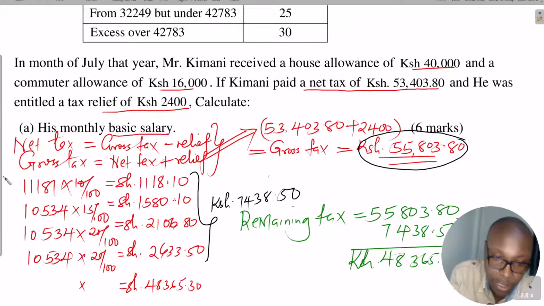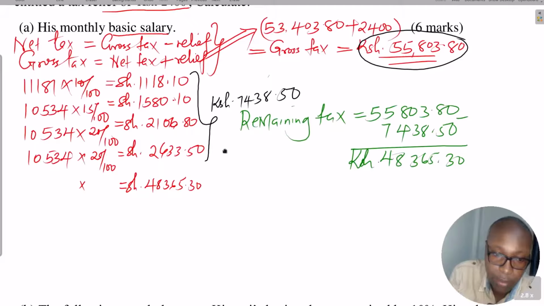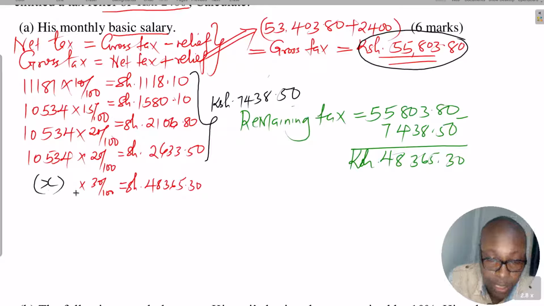What we don't have is the taxable income, the income that was taxed in order to give this tax. The taxable income in this band is what we are looking for. What was the amount of money that was taxed at the rate of 30%?